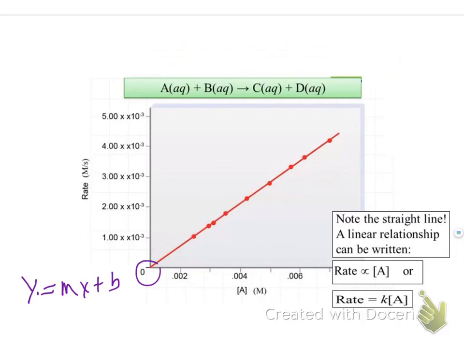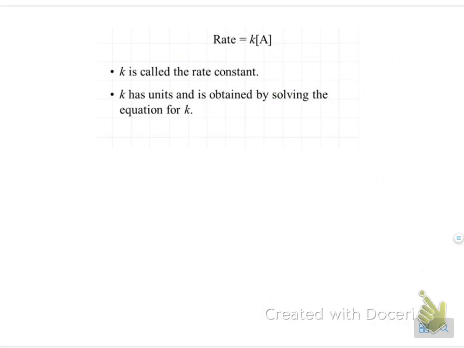There's no y-intercept here, it's right at 0. So the rate, y, is equal to the slope, which in this case is k, times the concentration of A. Okay. So k is called the rate constant, and k has units and is obtained by solving the equation for k. So we'll look at how we do that.